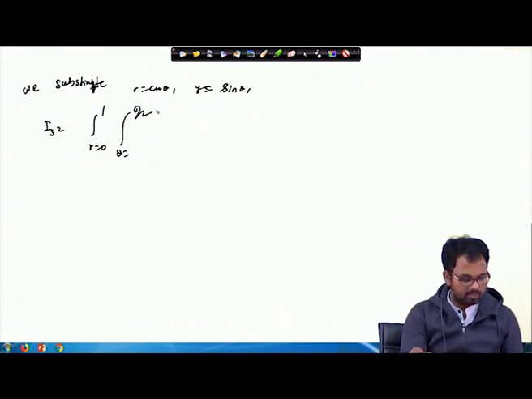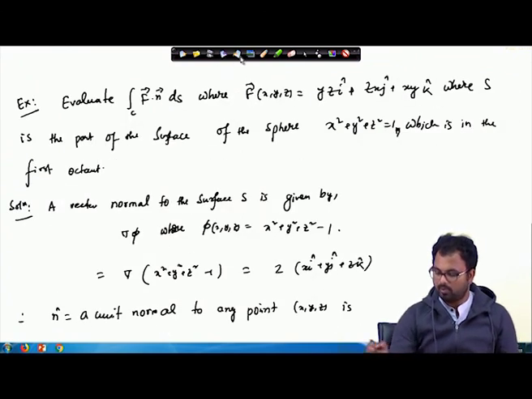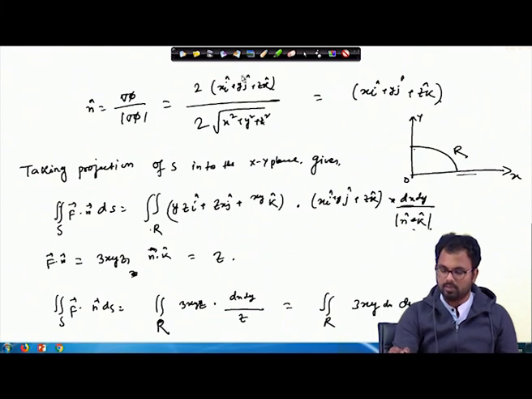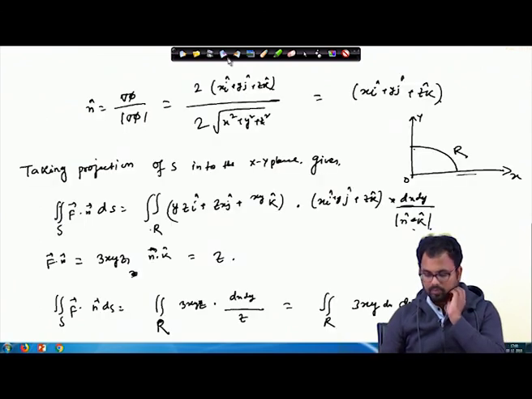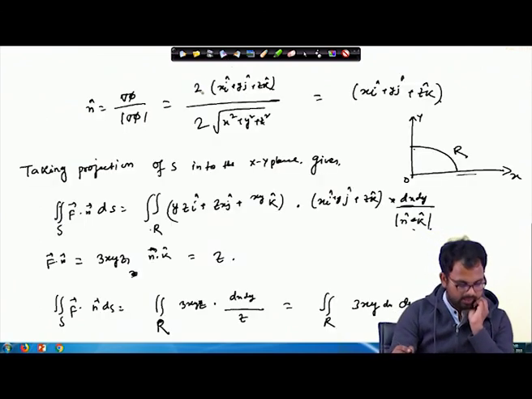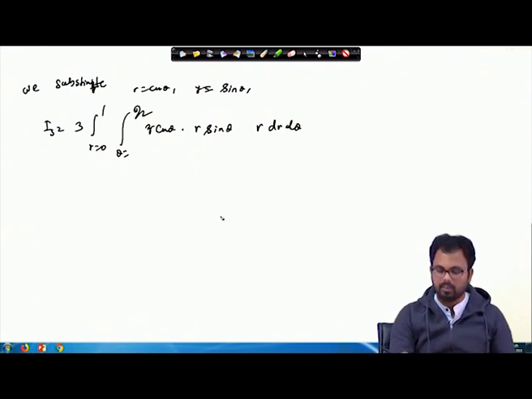Then I have 3, x is r cos theta, so 3 r cos theta, and y is r sin theta, and everything is transferred to polar coordinates. So, we have r dr d theta.